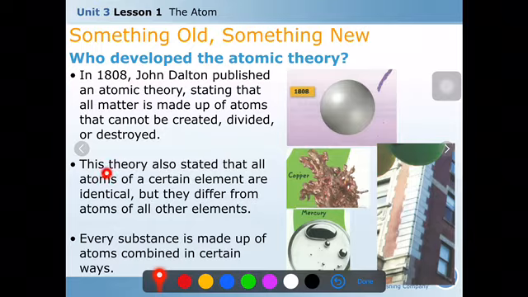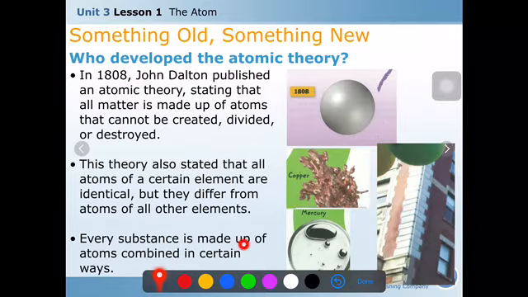Okay, this theory also stated that all atoms inside of one element are identical, but those atoms are different from the atoms of the other elements. Each element has different atoms.